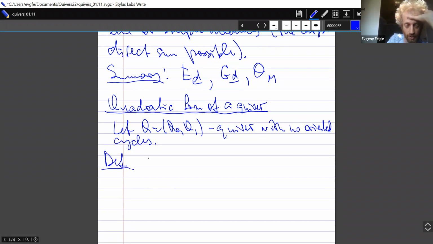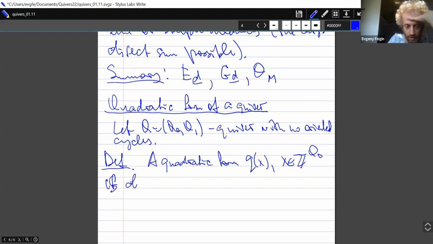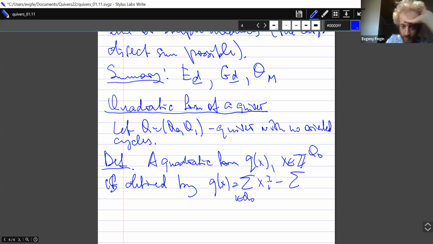A quadratic form q of x in Z to Q0 is defined by the sum of xi squared, i in Q0, minus the sum of xi xj, where i to j is an arrow.